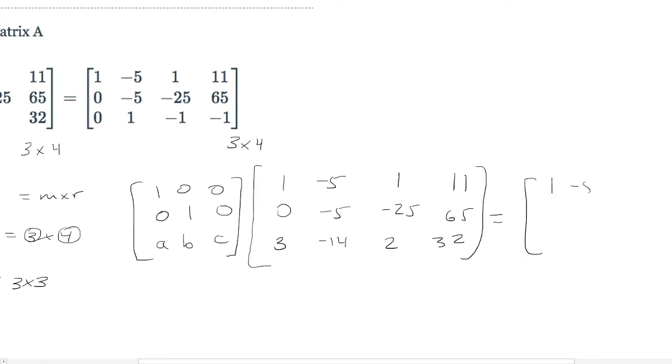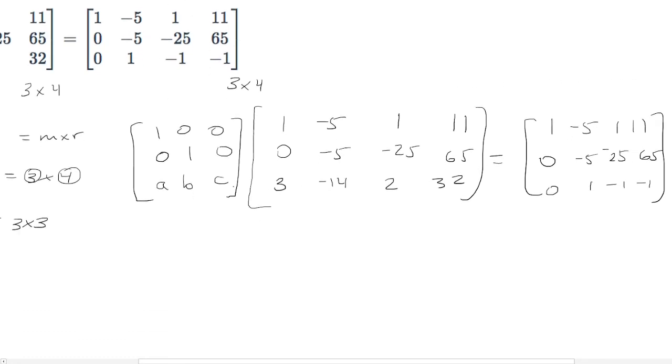Well, the first row is the same, and the second row. But the last row is 0, 1, negative 1, negative 1. Okay. So that's what I need to have it equal to. So I'm only going to be interested in the last row because that's where my variables are.